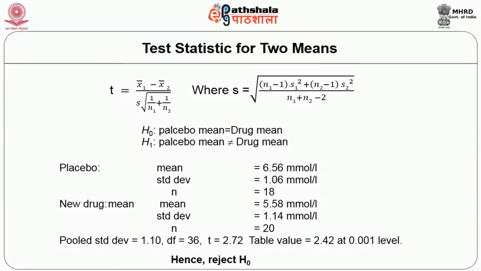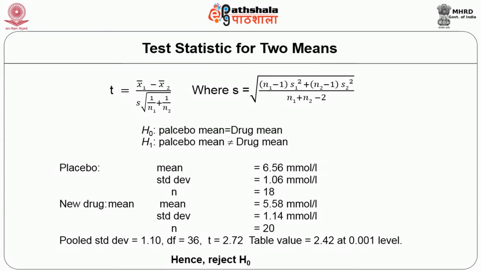If you see the slide here, the t formula is x1 bar minus x2 bar in the numerator. That means the mean of the first group, whether it is control or experimental, and the mean of the second group, divided by the pooled standard deviation S times the square root of 1 by n1 plus 1 by n2, where n1 and n2 are the number of subjects in each group.